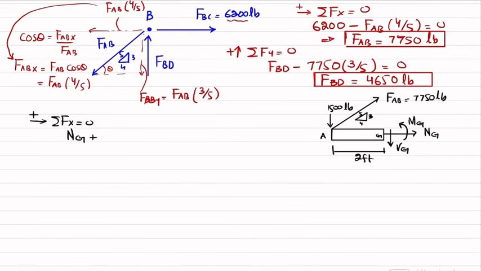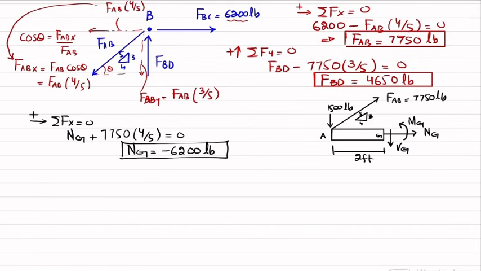So plus FAB, which is 7750 into 4 divided by 5, is equal to 0. From here, NG will be equal to minus 6,200 pounds. The negative sign means that your assumed direction of NG toward the right side is wrong. It should be toward the left-hand side.